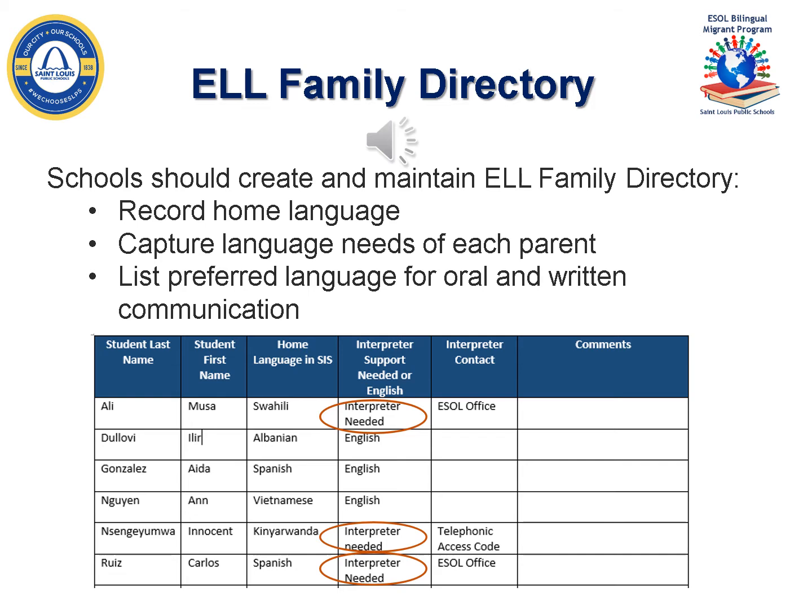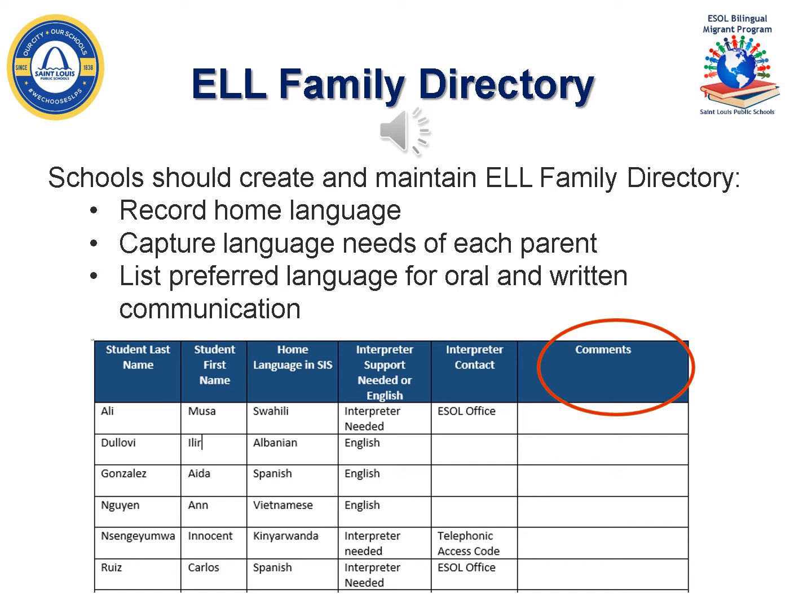In this example, you can see that for Spanish and Swahili, the ESOL office interpreters are listed as support, while for Kinyarwanda, a telephonic interpretation code is a way to ensure meaningful communication. That is because our District Language Access Team is used for all languages represented on the team, and for all other languages, there is telephonic interpretation available.